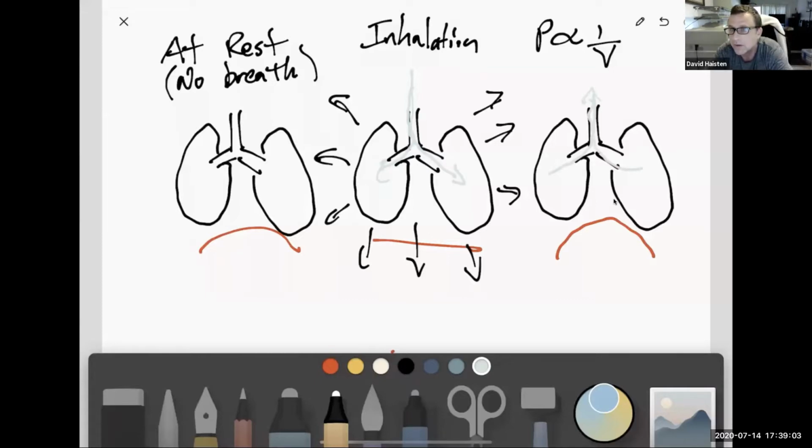Now we have forced inhalation, so labored breathing. Perhaps you did exercise, you're stressed out, whatever the case is, or you have a disease or disorder. Now some additional muscles are recruited, kick in.